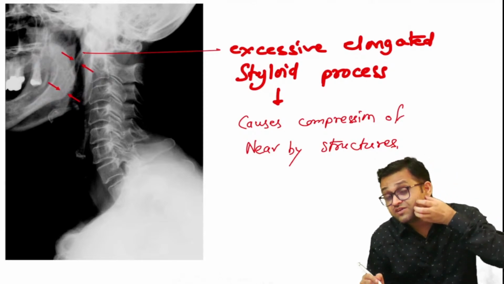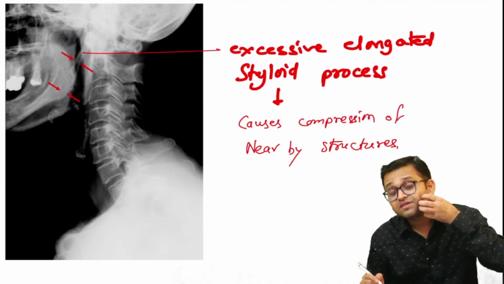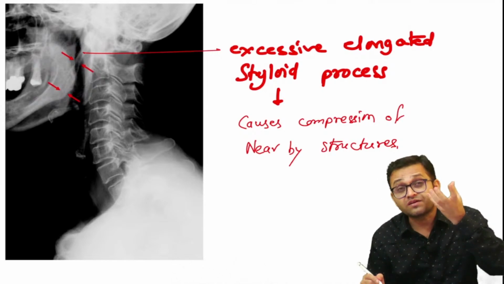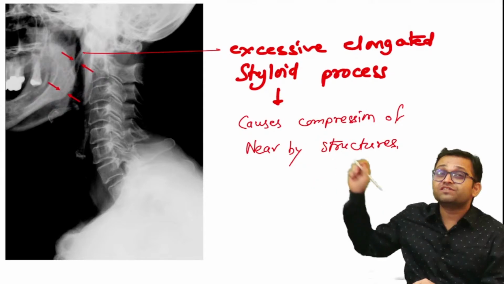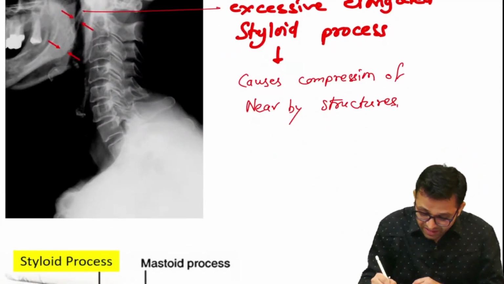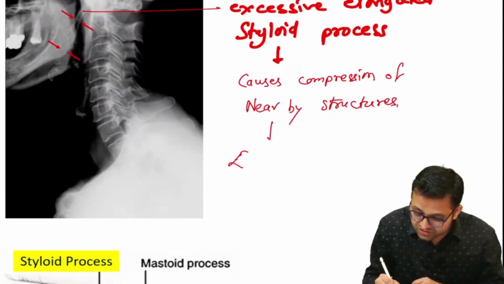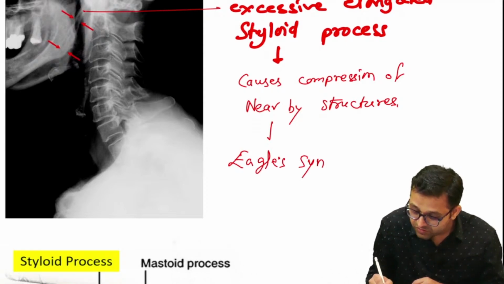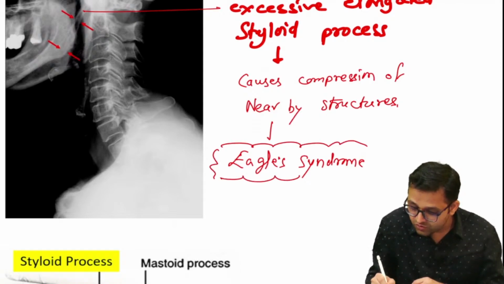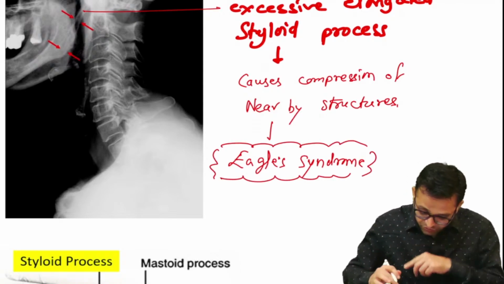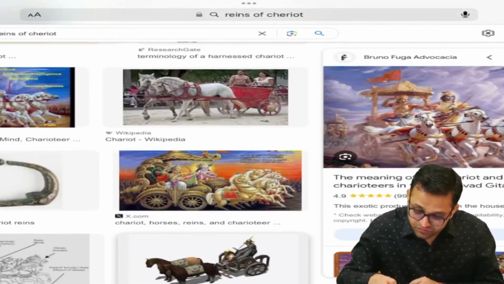There are different cranial nerves in the neck, and the internal jugular vein. So all these structures are compressed by this excessively elongated styloid process, which gives many kinds of neck symptoms. That situation is Eagle's syndrome.